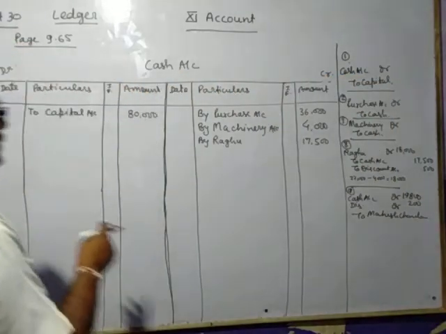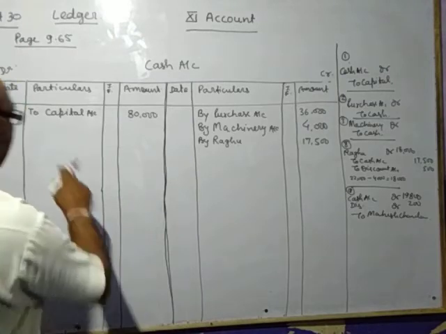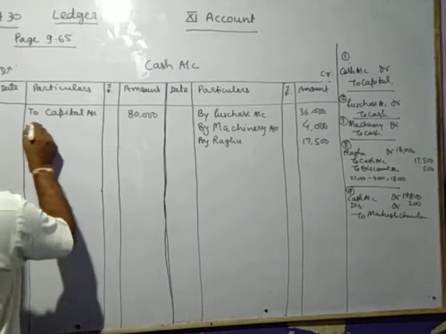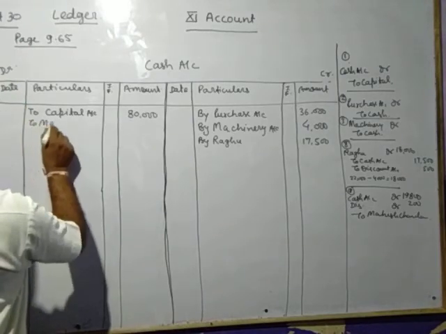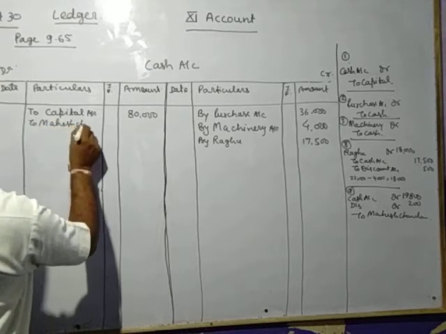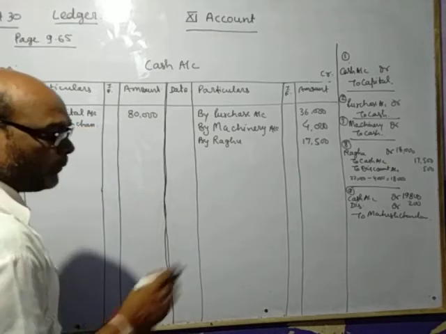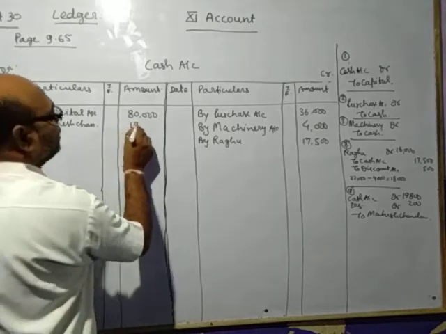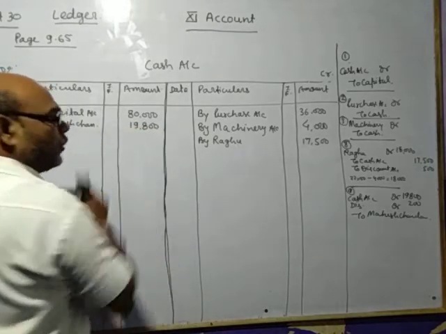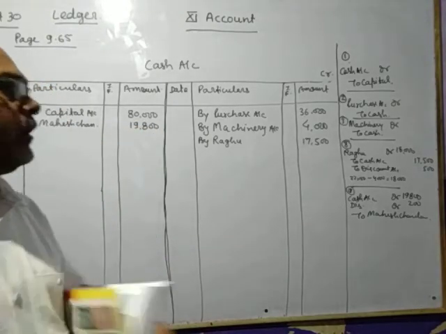So here cash is the debit. So on the debit side you will write to Mahesh Chandra. But the cash amount is 19,800. So only 19,800 you will record.